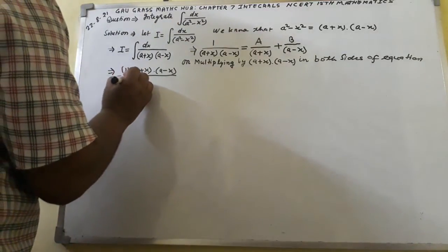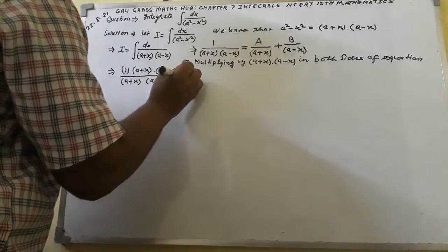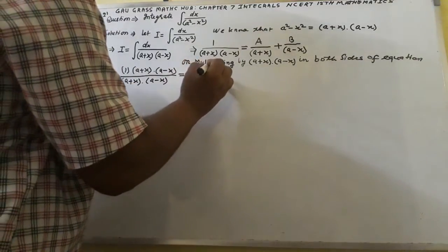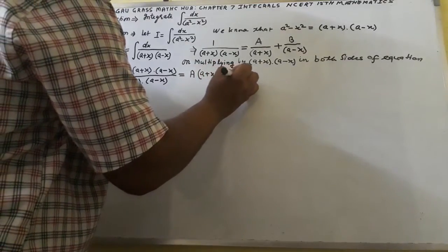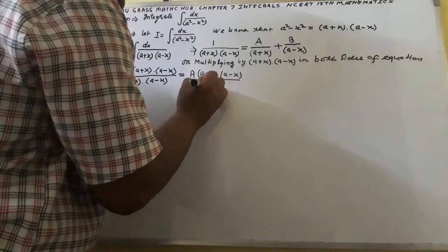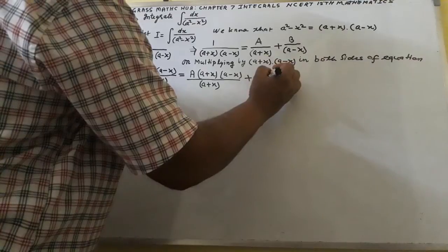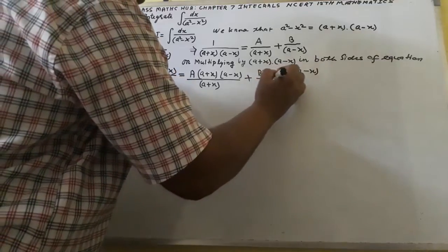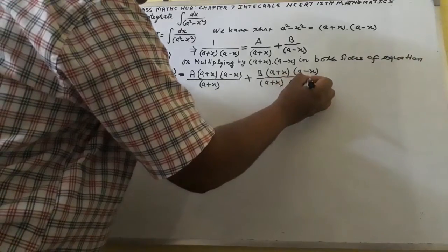On the LHS, I have taken a plus x dot a minus x, equal to A times a plus x dot a minus x whole over a plus x, plus B times a plus x dot a minus x whole over a minus x.